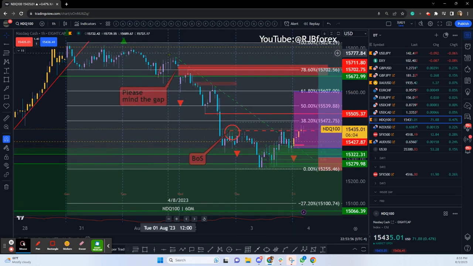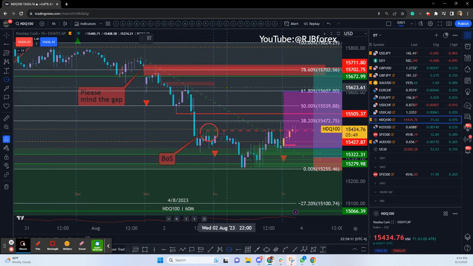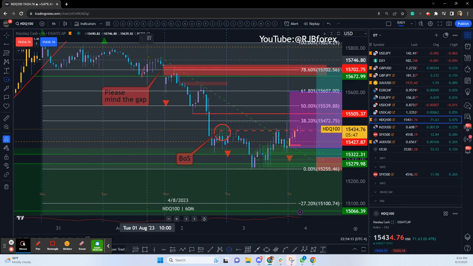We've had one, two, so I'll mark these out. So we've had this drive out of the opening range. I'm not going to call that a drive. I'll say that was. So we had that there.